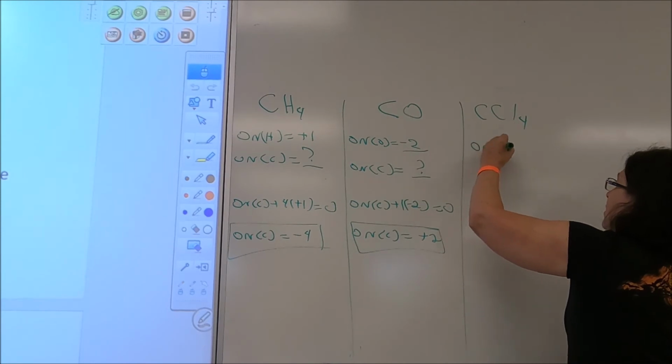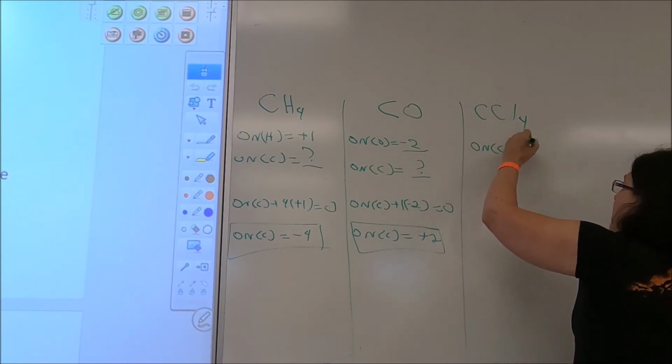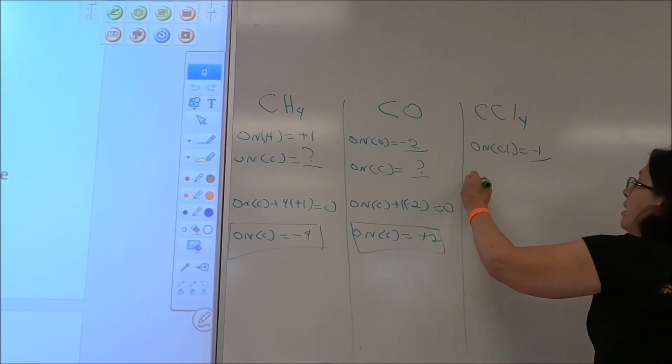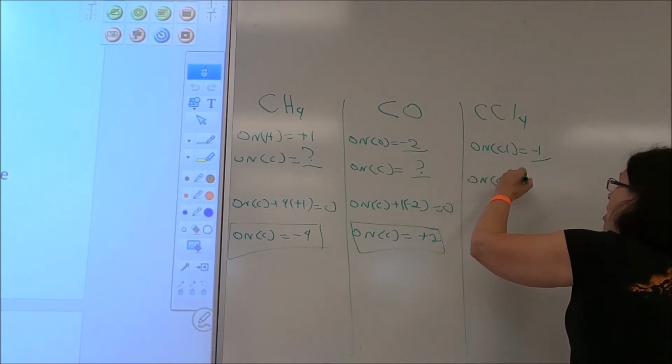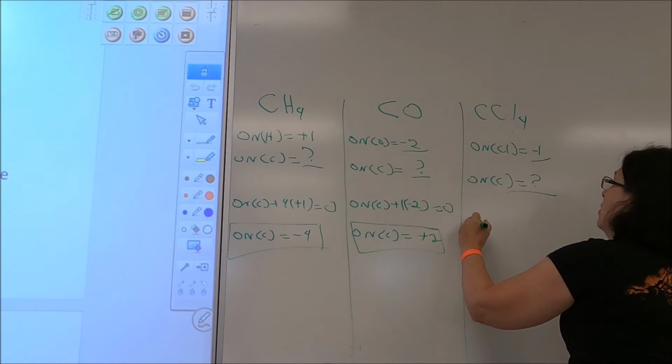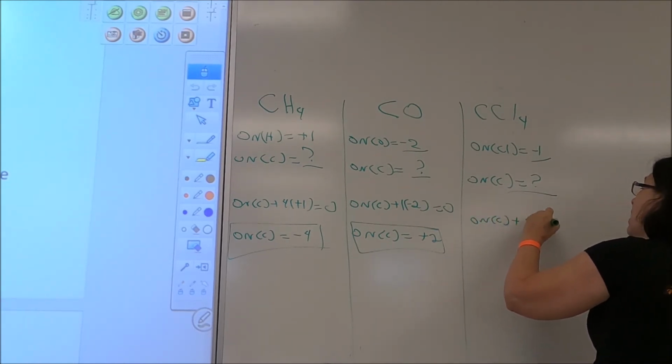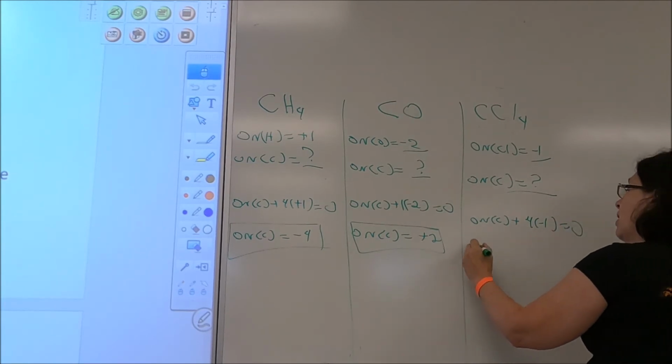Lastly, okay, the oxidation number for chlorine here in carbon tetrachloride is -1 because it's a halogen and it's not bonded to oxygen or another halogen. The oxidation number for carbon, we don't know. So the oxidation number for carbon plus 4 times a -1 equals 0.